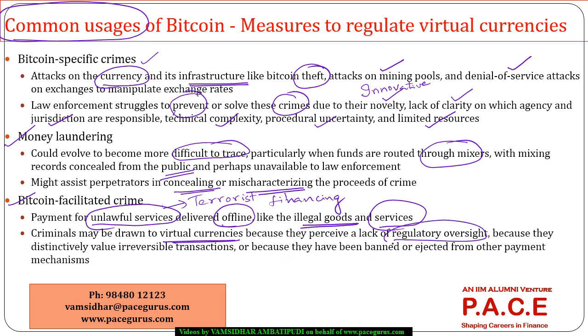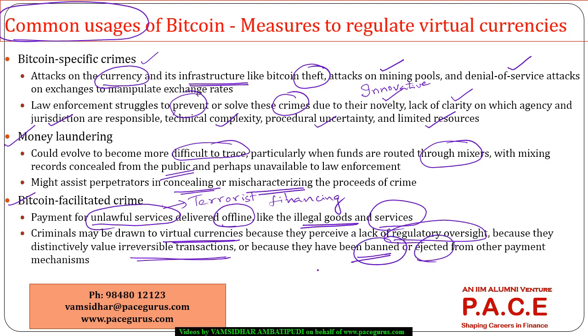One, there is no regulatory oversight, so they can easily bypass the process, right? They distinctively value irreversible transactions, and these criminals have typically been banned or ejected from other payment mechanisms.